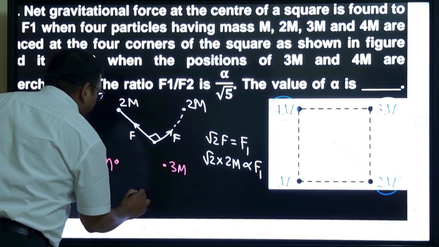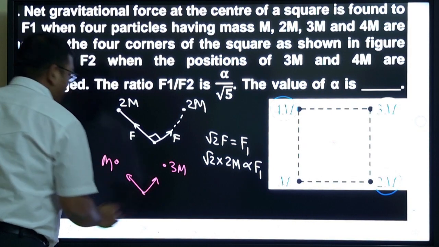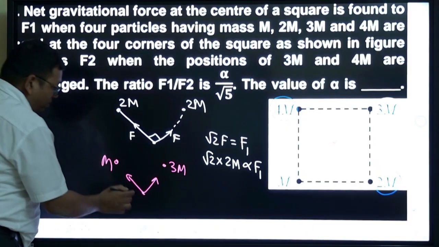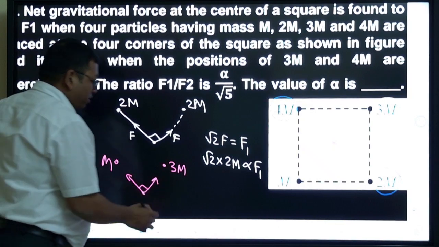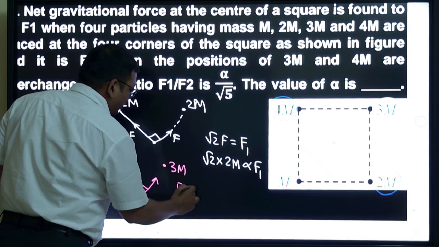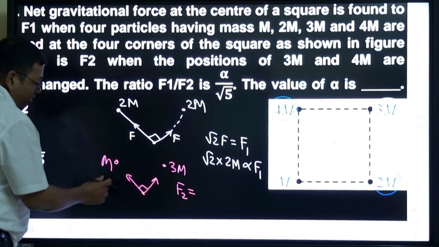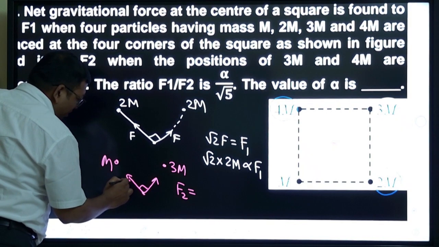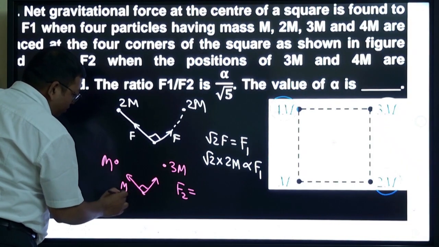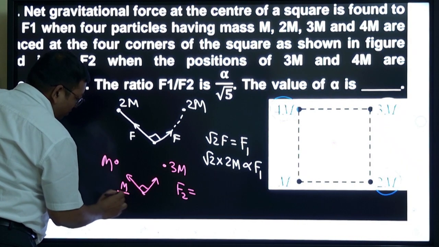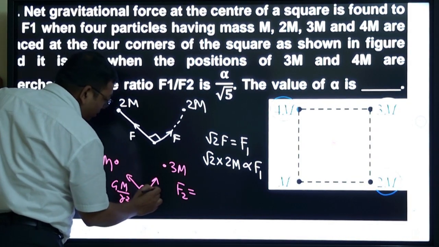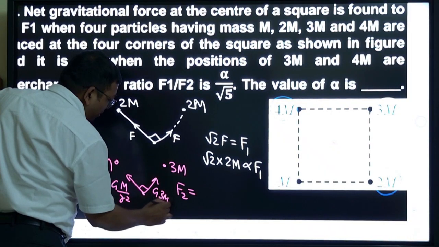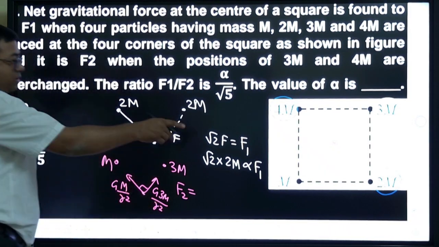Okay, so now what will be the field due to this? And we have to again add root under. So this F2 will be what? Resultant of these two. So Gm by R square, right? It is proportional to m by R square. Let us write Gm by R square. And here G into 3m by r square, because distances are the same.